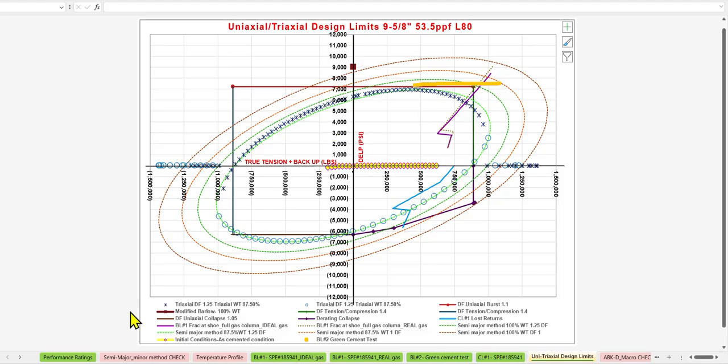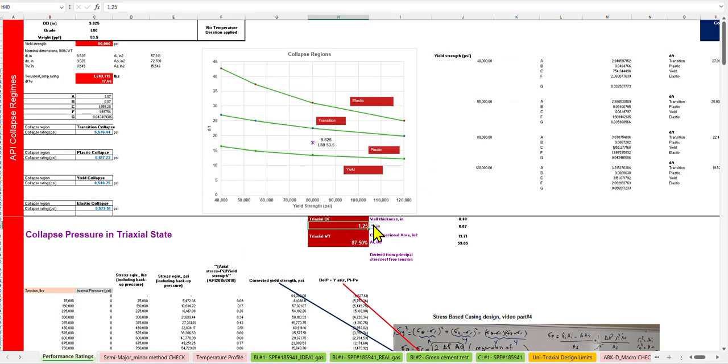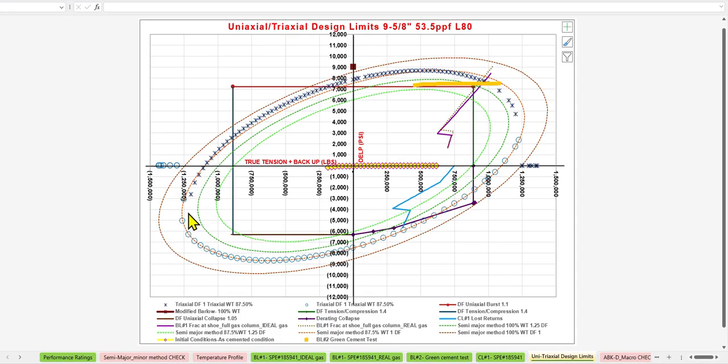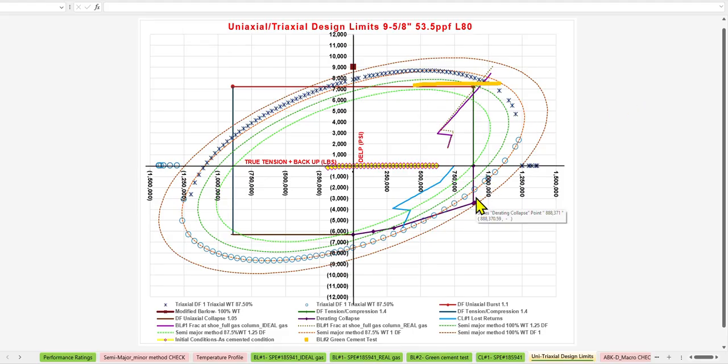If I go to one design factor over here, what's going to happen is I maximize my ellipse a little bit more. As you see, the semi-major and minor method falls pretty much identical on the collapse side, but a little bit off on the burst side. Still accurate. It gives you an idea where it lies with your load cases, and your uniaxial limits.